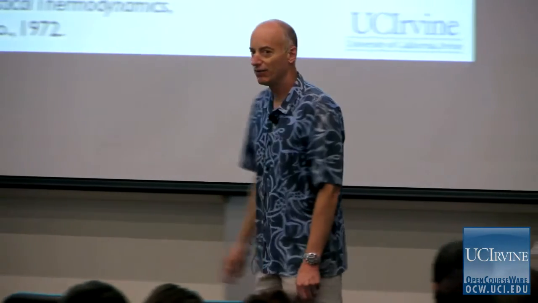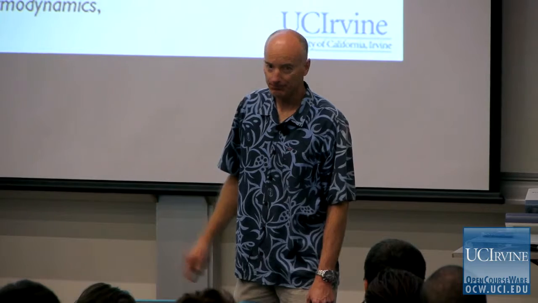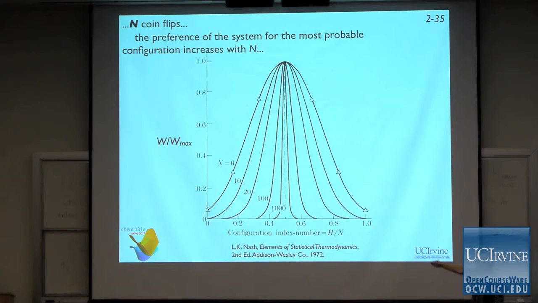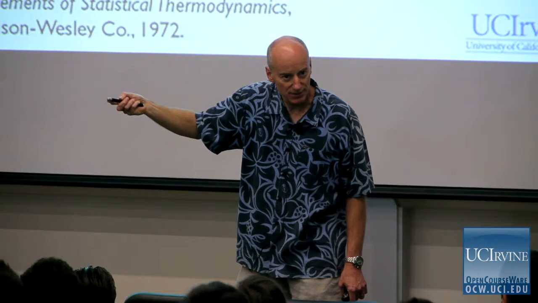All right, here's the profound thing. On this axis, I'm plotting the number of microstates divided by the total maximum number of microstates, right? In other words, the maximum number of microstates for different numbers of coin flips or different numbers of molecules.